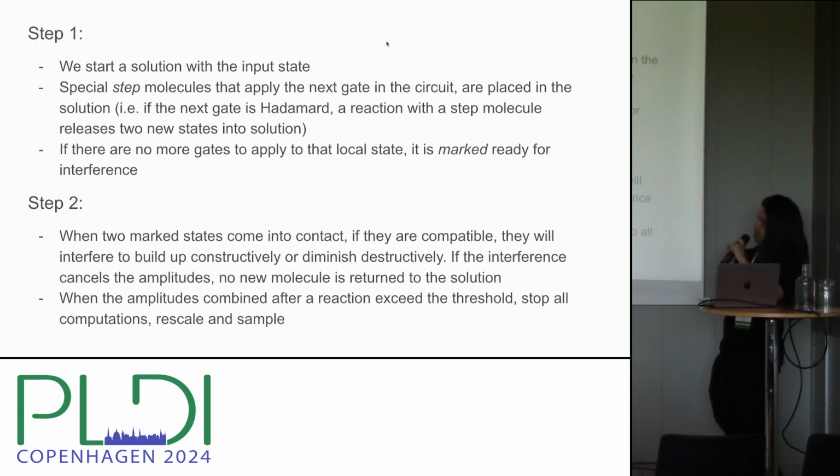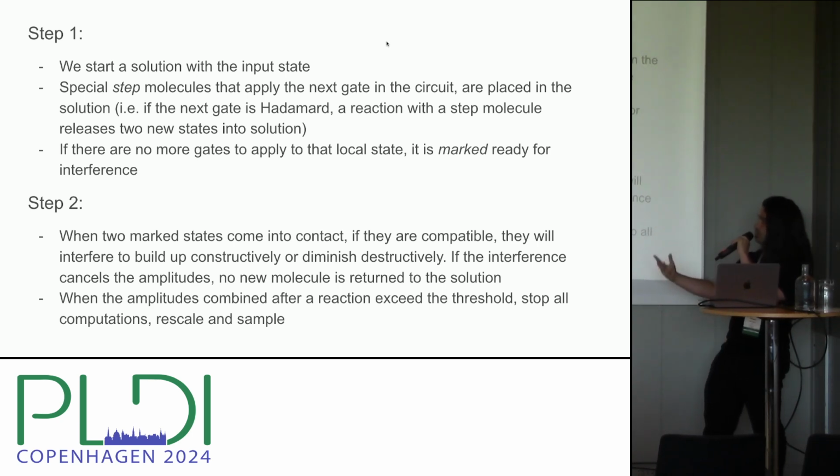So here's the algorithm. We start a solution with our input state to the circuit. We place special step molecules into the solution. And when the input state hits the first one, it applies the next gate in line, which, if it's a Hadamard, then we will return 2 new molecules to our solution. And if there are no more gates to apply to that local state, then it is marked specifically to be ready for interference.